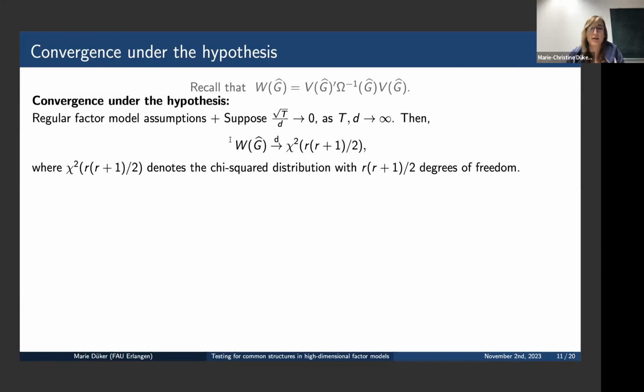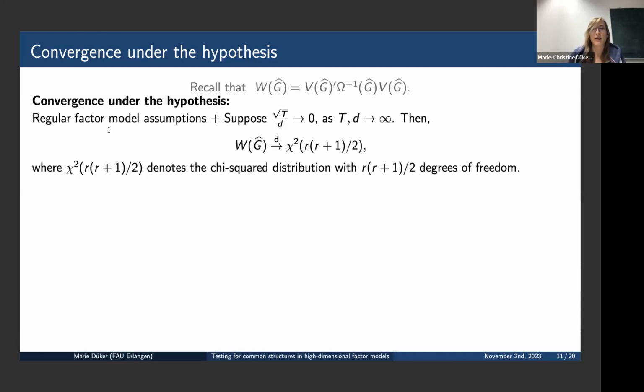So under the hypothesis, we get very much the same result as Han and Inouye. We can show that this Wald type test statistic converges to a chi-square distribution where the degrees of freedom depend on the number of factors. So R was the number of factors, so we get that it converges in distribution to a chi-square distribution. And maybe to emphasize here, our assumptions are just on the individual data sets, right? So when we assume we are in this two subject setting, we make assumptions on those two models, and we assume that both can be modeled through a factor model.